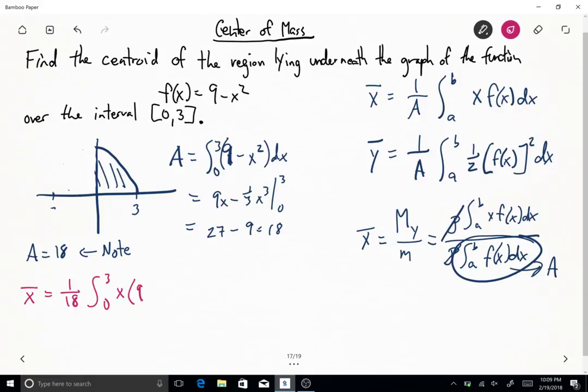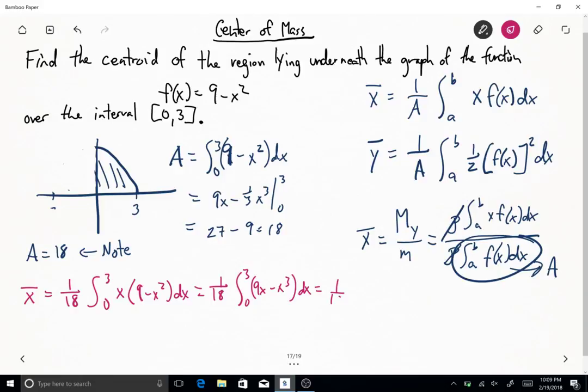It's 9 minus x squared dx. And so notice from here, this is equal to 1 over 18 times the integral from 0 to 3 of 9x minus x cubed dx. So this one won't be pretty, but we will be able to do it nonetheless.